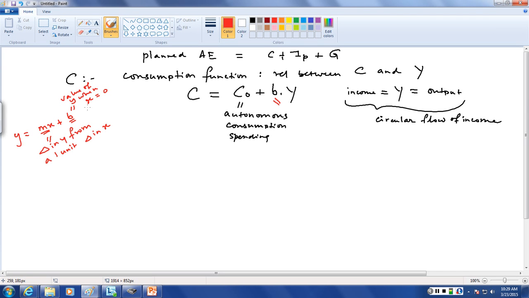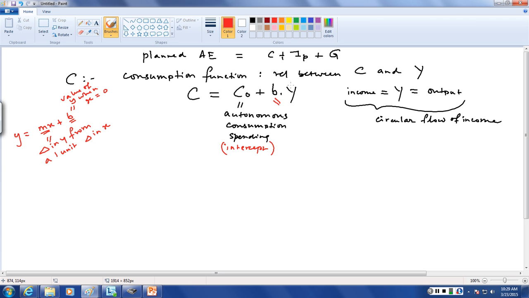That's how you interpret the intercept and the slope of a straight line. Correct? So in terms of this equation here, which is also, by the way, the equation for a straight line, C is equal to C sub 0 plus B times Y. That is in the form y equals mx plus b, isn't it? So what's the slope? So this is our intercept. And what's the slope? The slope, of course, is that B there. And what is B then?